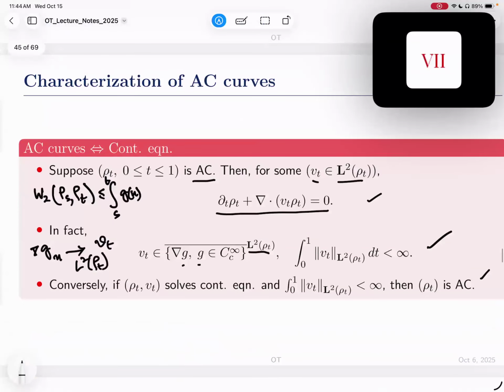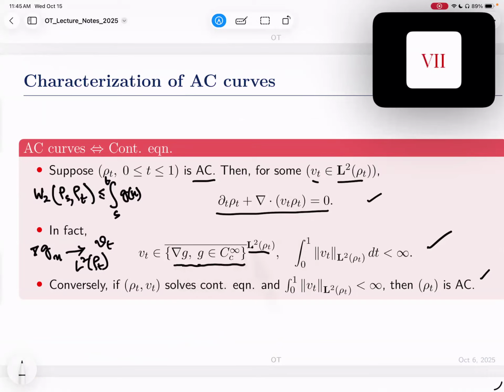And then we have the main theorem here, which says that a curve is absolutely continuous if and only if it solves the continuity equation. If it solves the continuity equation, there are many, many velocities that will solve the same continuity equation. But there is one that is special. That one is of the gradient type.